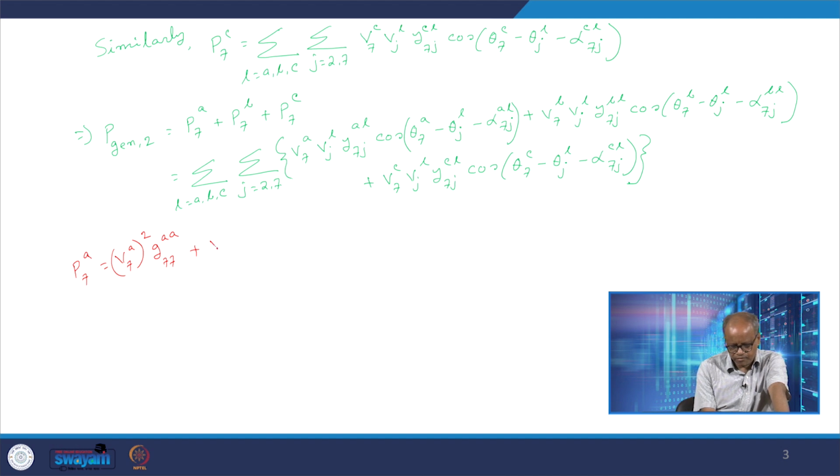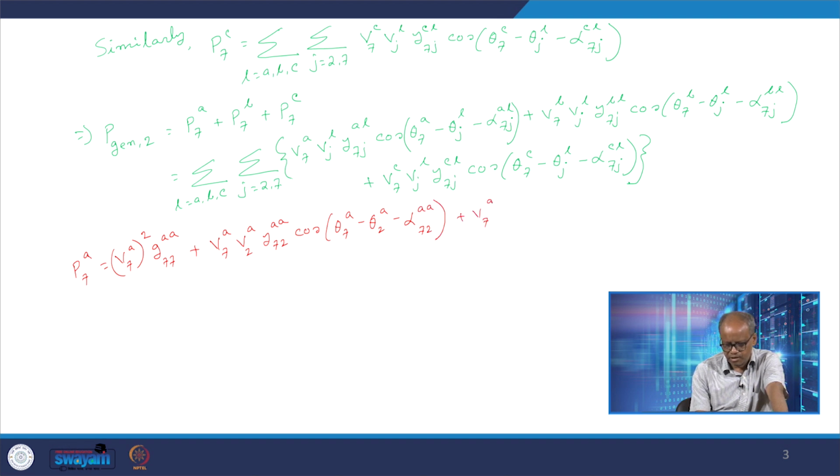So let's say V7A, V2A, Y72AA. Here I have taken J equal to 2 and L equal to A, then cosine theta 7A minus theta 2A minus alpha 72AA.